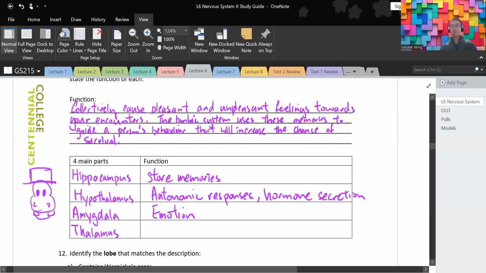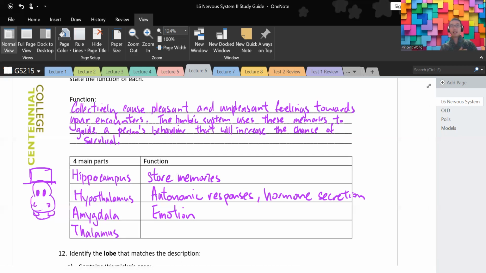So let me give you an example. Anybody remember what they had for dinner last Thursday? Anybody at all? Is that a no? Nobody remembers? You're trying to think about it? It's hard to remember, right?